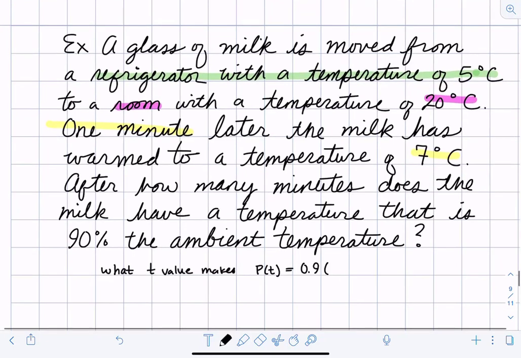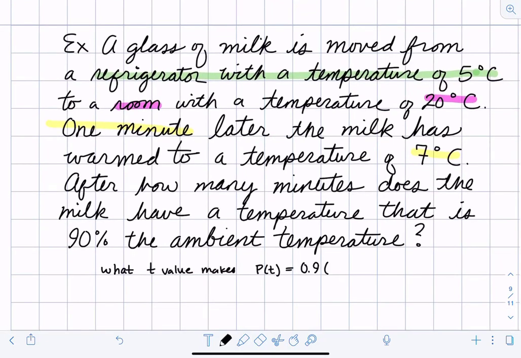So we want to know, when is our P of t 90% of 20? Okay, so that would be 18.